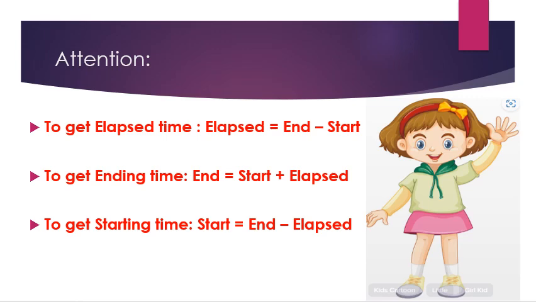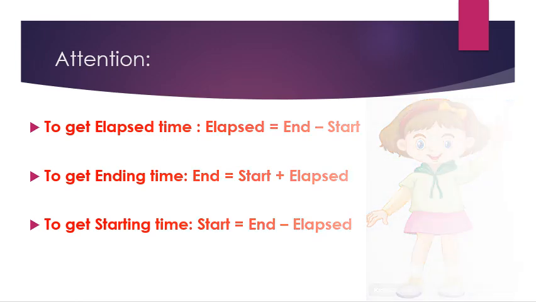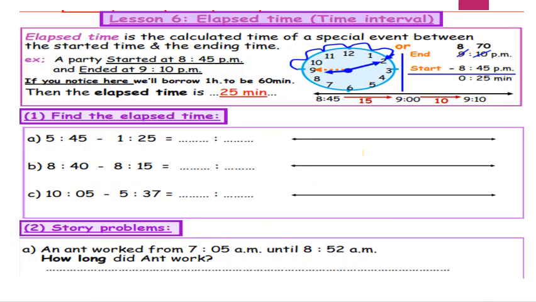To make it easy, let's solve these examples. Here, find the elapsed time. 5:45 minus 1:25. The first step, I have to do it mentally, so I have to identify where the hours and where the minutes are. 5 is the hour, 45 is the minutes, 1 is the hour, 25 is the minutes.